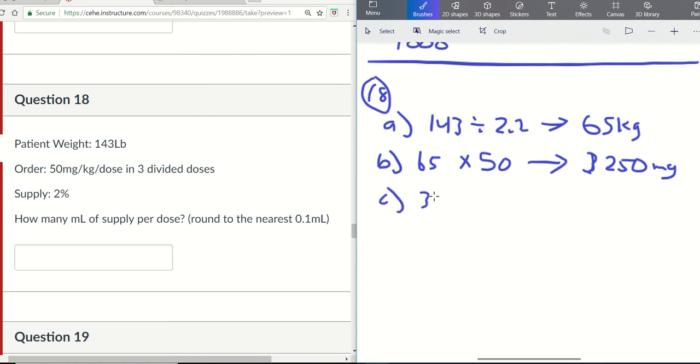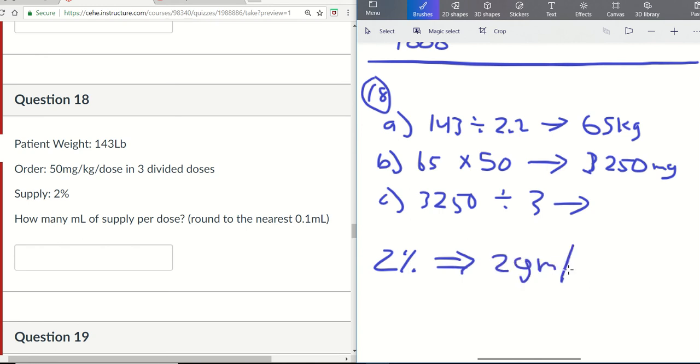So we'll need to divide by 3. And then our supply is 2%. So 2% for us is 2 grams for every 100 mLs. So percent means per 100. And whatever number you get here, that's the same number of grams per 100 because it's percent.